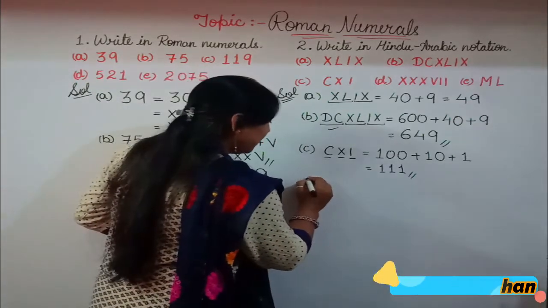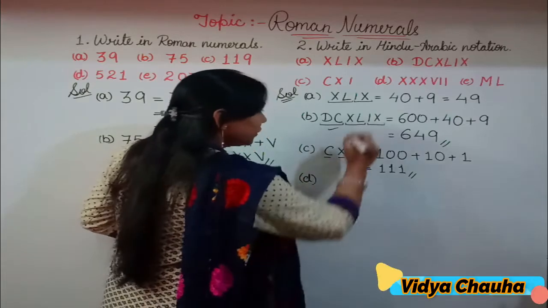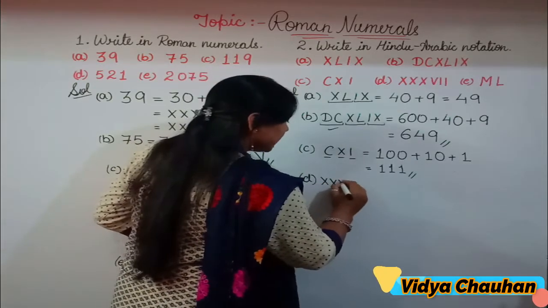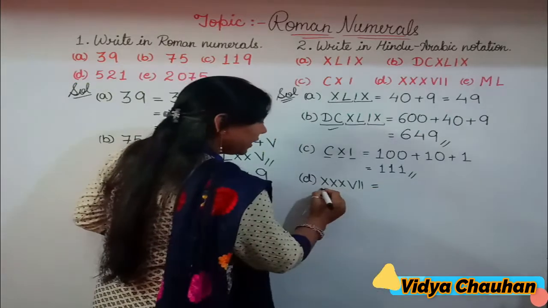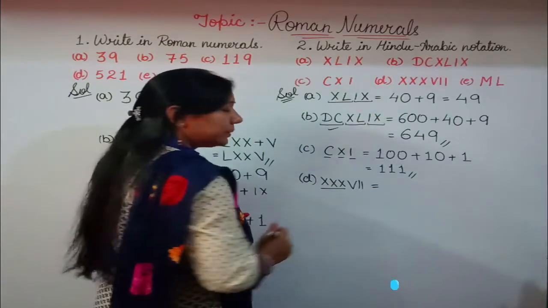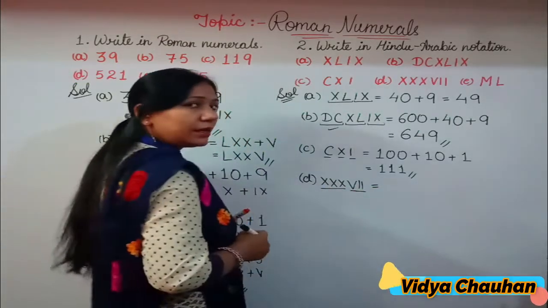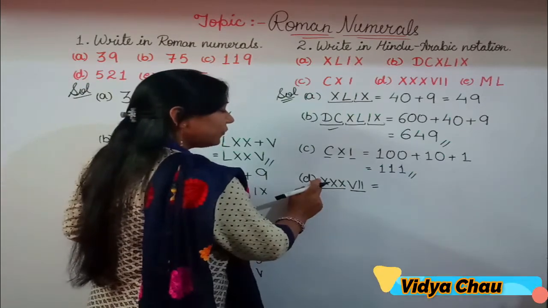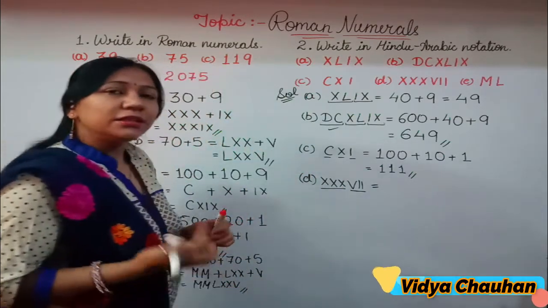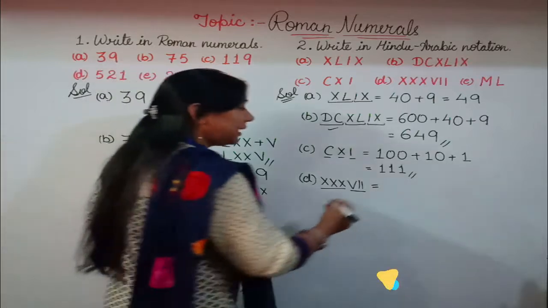Taking the next part, D part, which is XXXVII. Now, XXX is a complete group, VII is another group. What is XXX representing? One X represents 10, so 3 X's will represent 30.